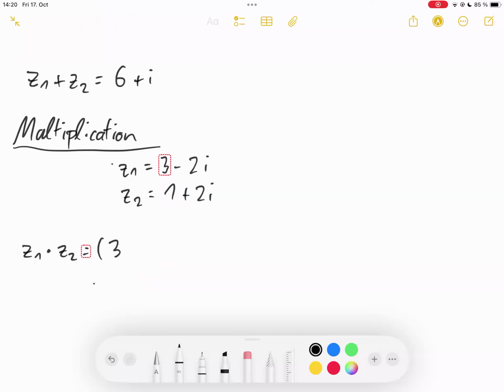So it's 3 minus 2i times 1 plus 2i. I want you to think about what the solution could be, and then we can compare.